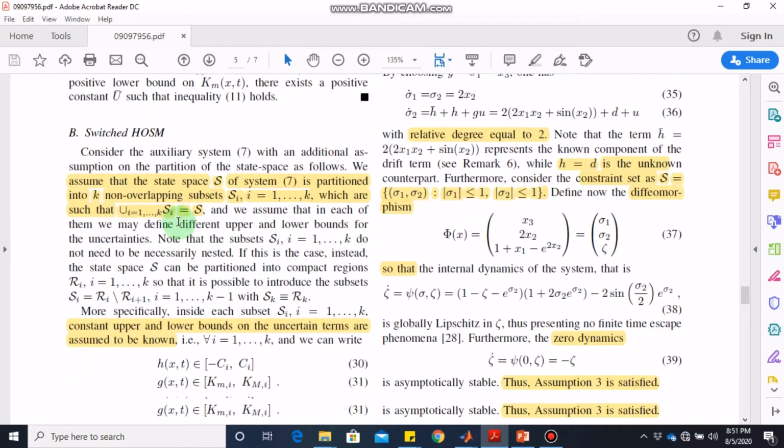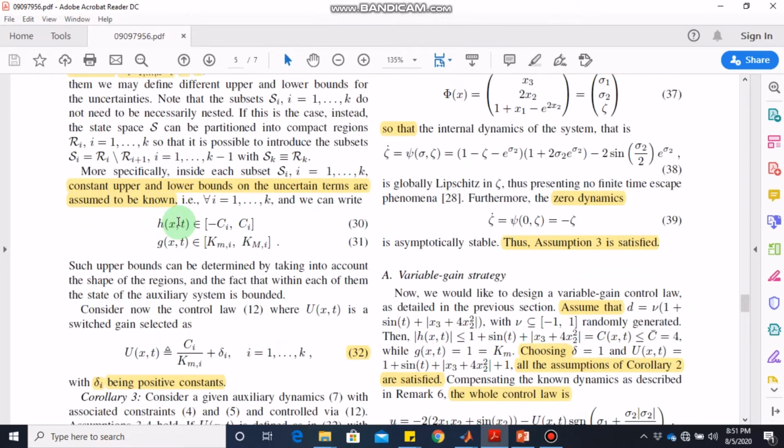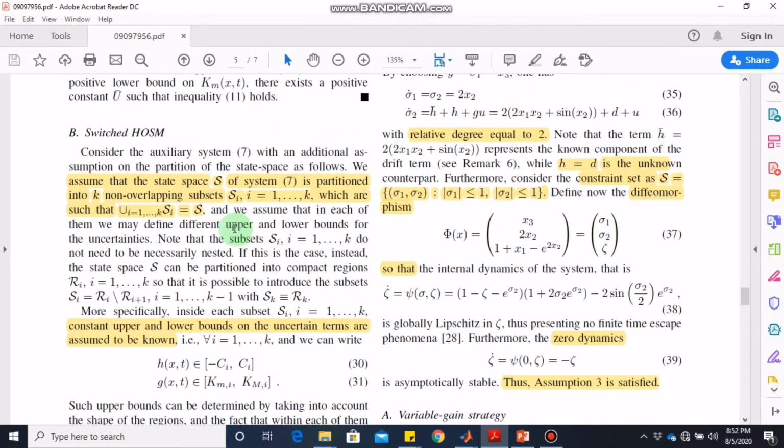In switched higher order sliding mode control, h of x belongs to a range minus C_i to C_i. Basically they assume that the state space of the system is partitioned into k non-overlapping subsets, such that if you take the union of all the subsets, they form the total state space.